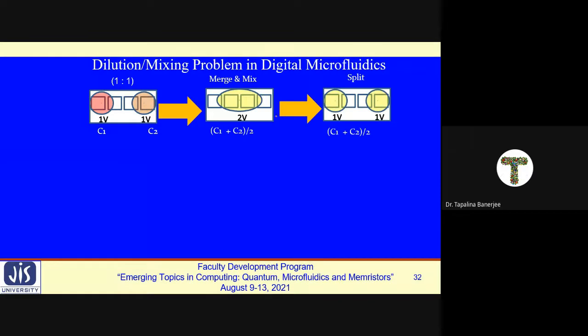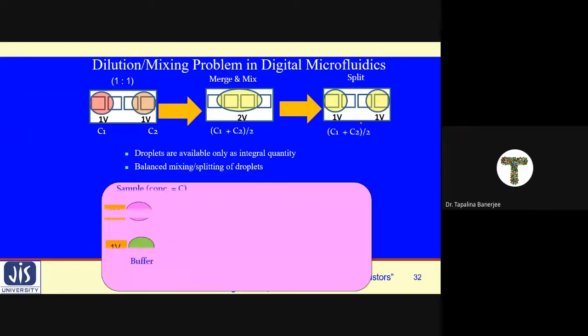Now, if we split it, then we may have two droplets, each of one volume, if there is no error. We are considering here there is no error. So each of these droplets has (C1 plus C2) by 2 concentration. Now, droplets are available only as integral quantities. And in case of mixing and splitting, balancing is very much required.